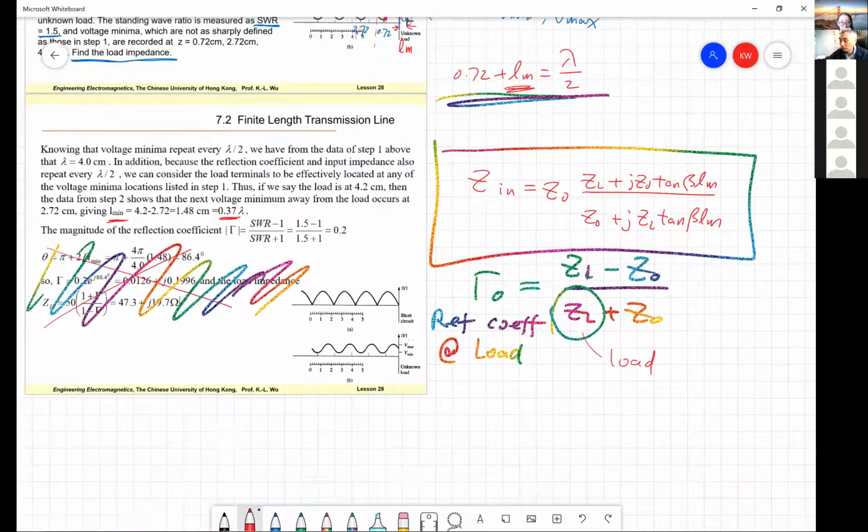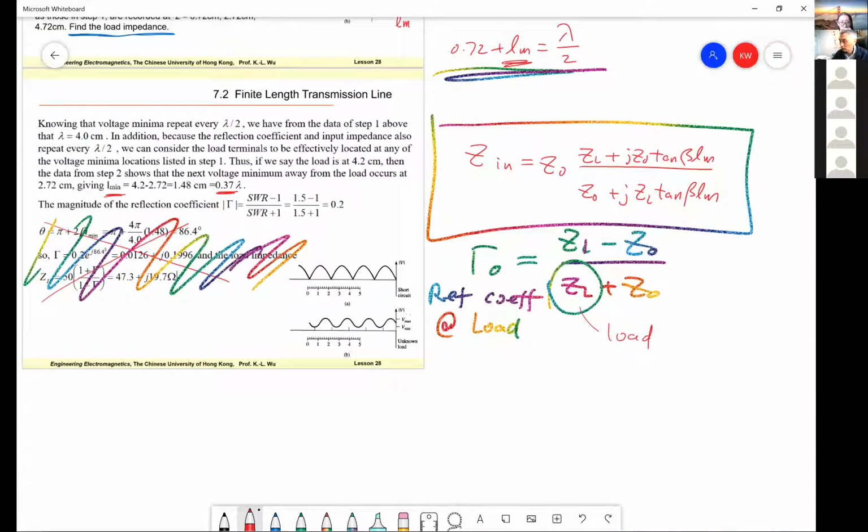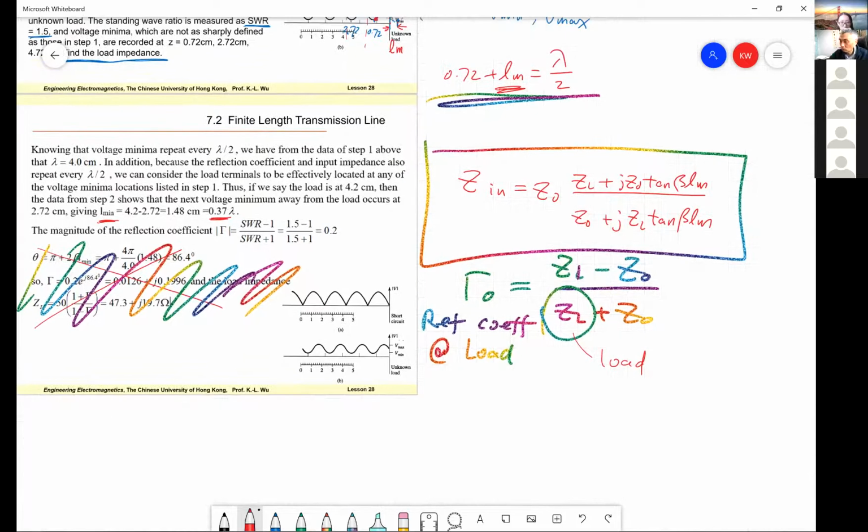Oh, sure, standing wave ratio. We just have 1, 2. The standing wave ratio, sometimes called S, is the ratio of the voltage maximum to the voltage minimum.